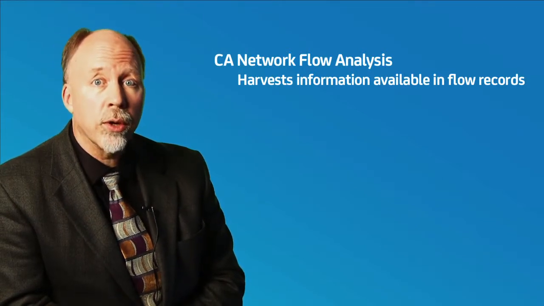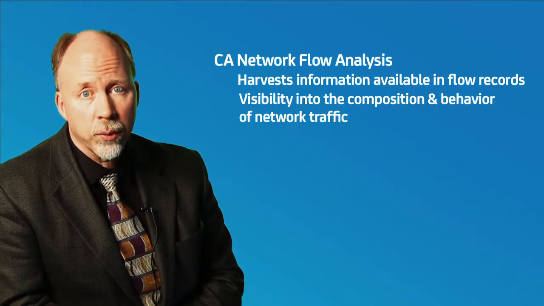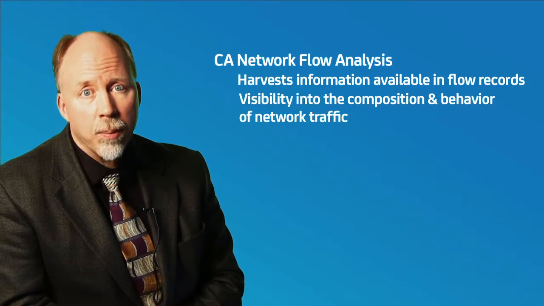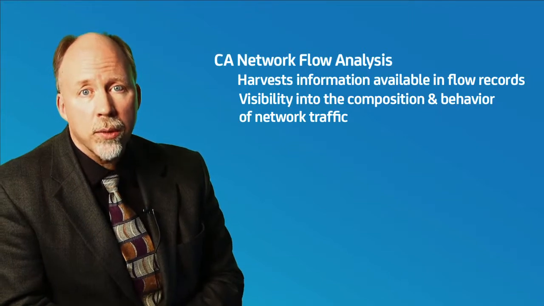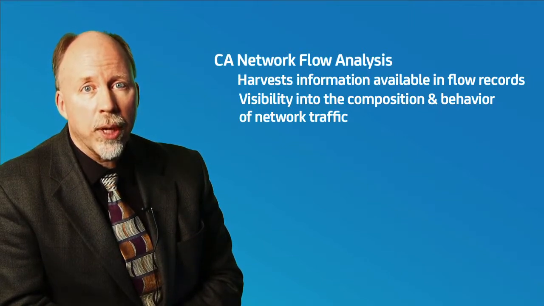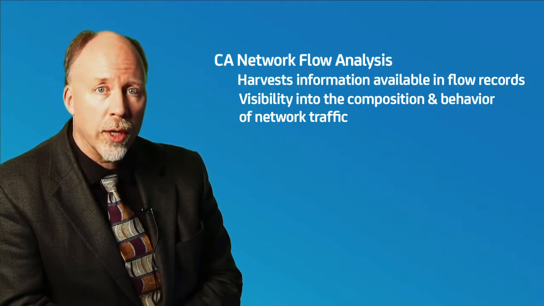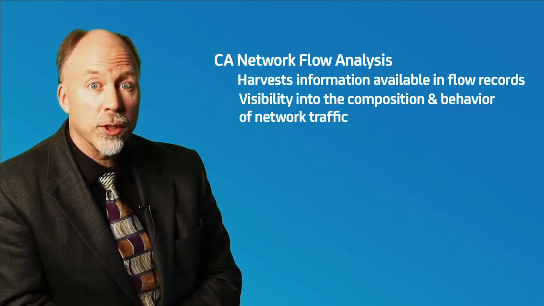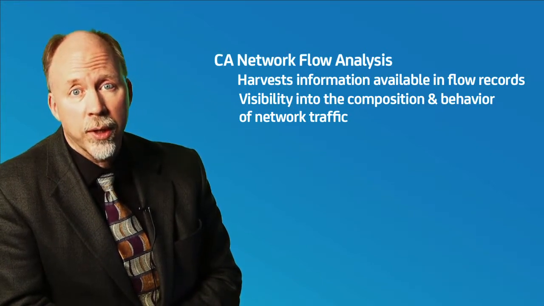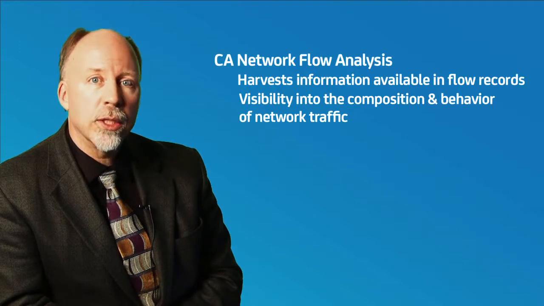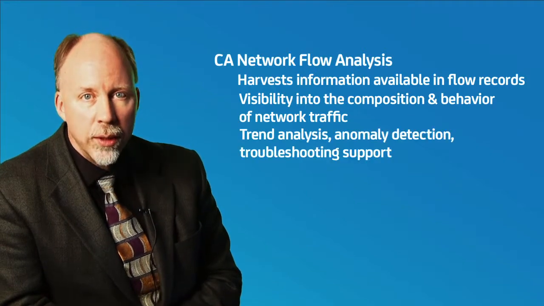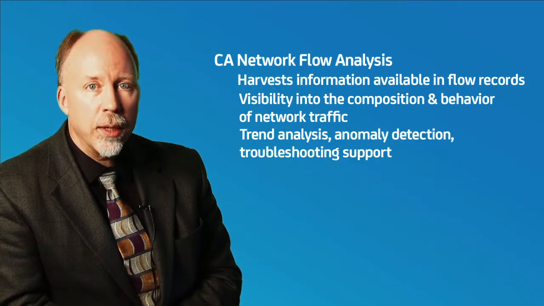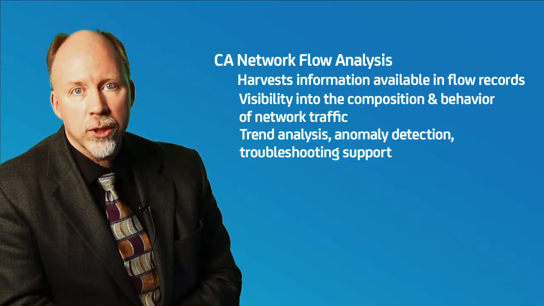What the tool does is harvest and bring together those flow records and present them to the operator so that you can see exactly what's going on. You can see metrics about users, about applications, about who's talking, who's driving the traffic. You can see indications of what QoS classes are there and being used. This is also complemented by trending, by anomaly detection, and by deeper troubleshooting support functions.